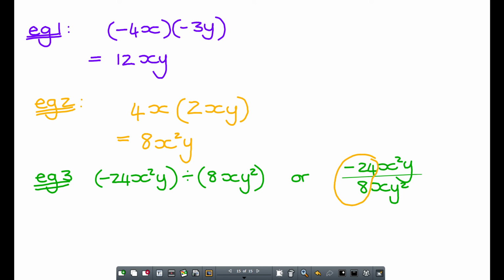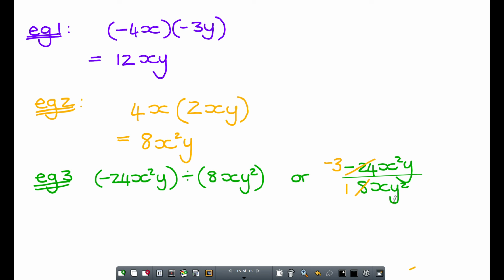Now, that's a whole number. So when we have it in the form of a fraction, x will go in once and x will go in here minus 3 times.